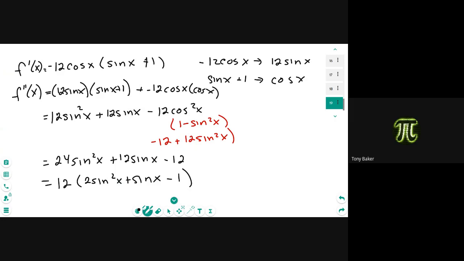If we just make, let's say, m is sine x, I have 2m squared plus m minus 1. If we factor that, we get 2m minus 1 and m plus 1.